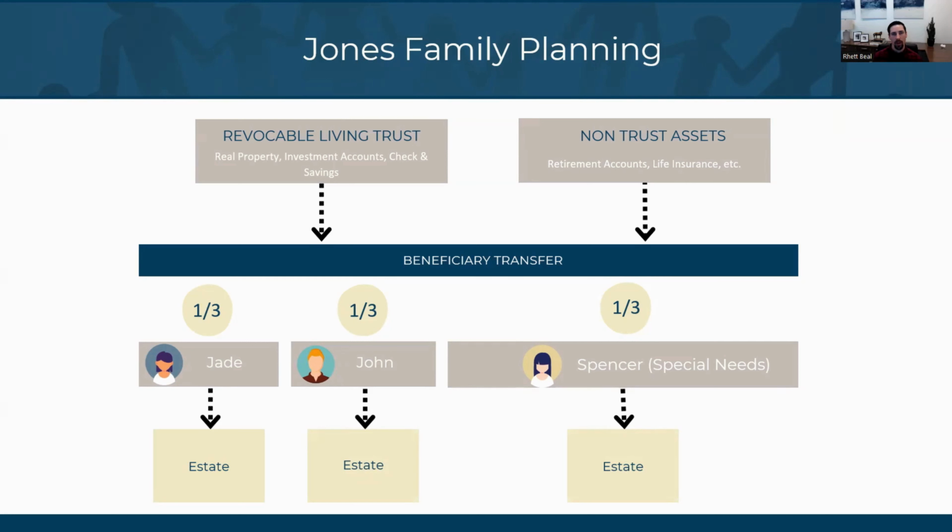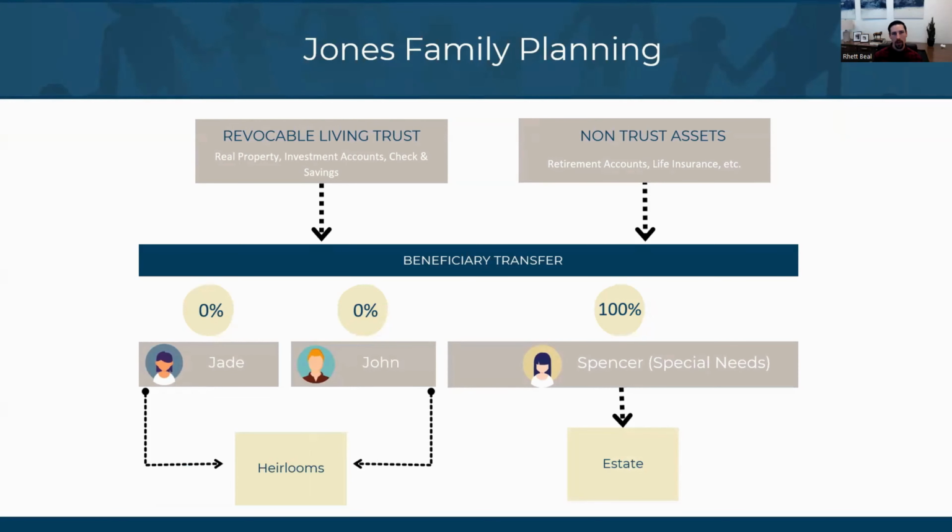But we don't want everyone to look at their situation as exactly the same. Everyone's situation is unique and different, right? There are families that have significant resources where maybe Spencer shouldn't get the same amount of money as Jade and John, because it's far more than he needs. So Jade and John may get more of the estate, and those assets pass on to their children, where Spencer has a sufficient amount for his lifetime, but not way more than he needs.